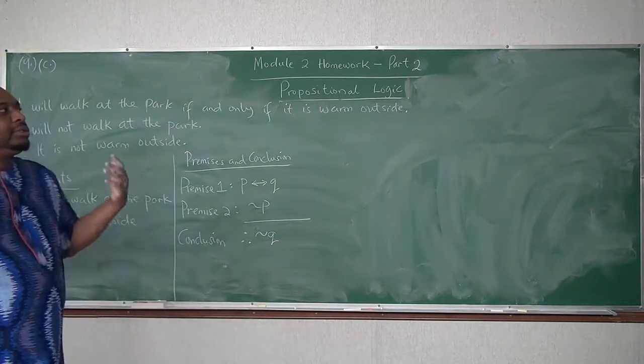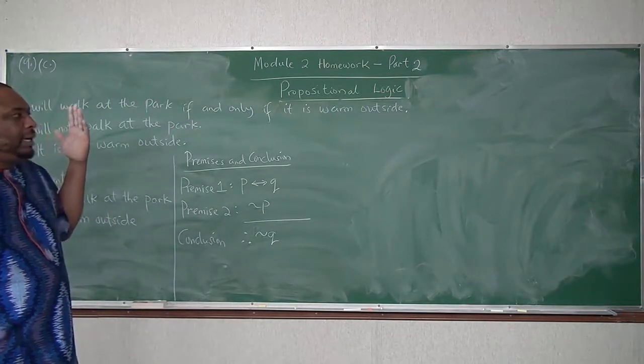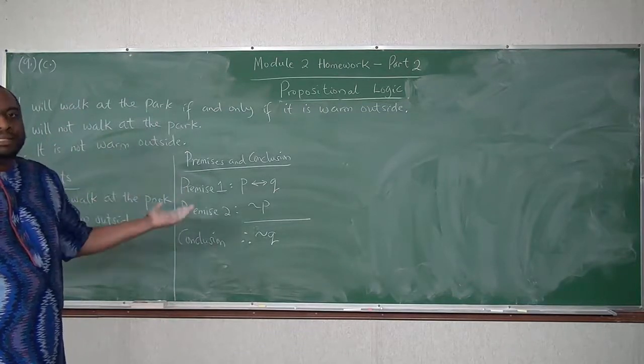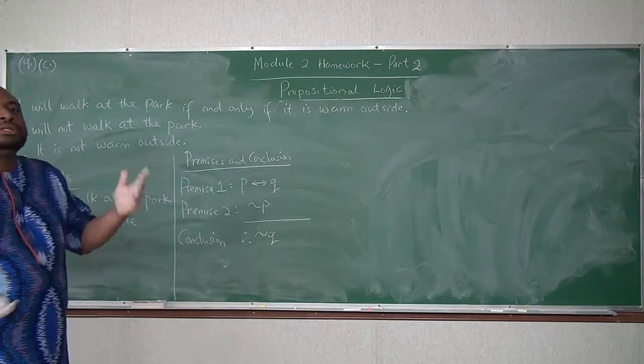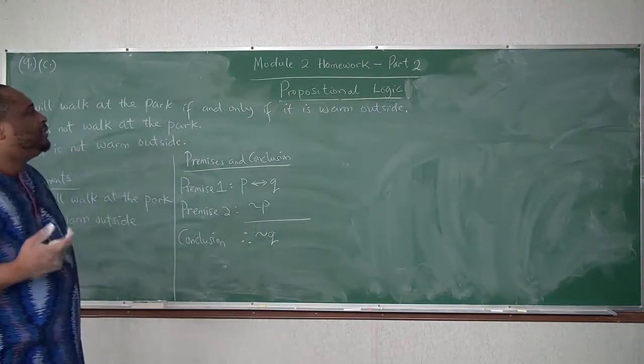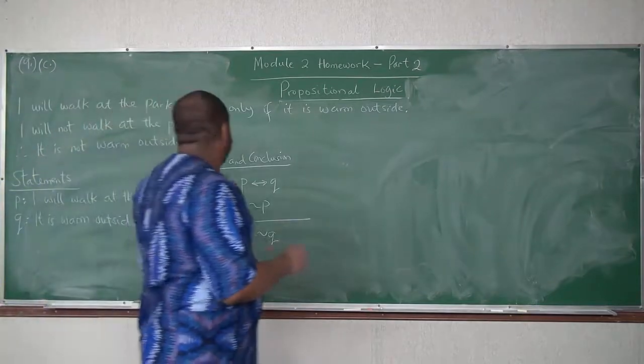So let us use first method and second method. I mean, you only need to use any of the methods, okay? But let's go ahead and use first method, okay?